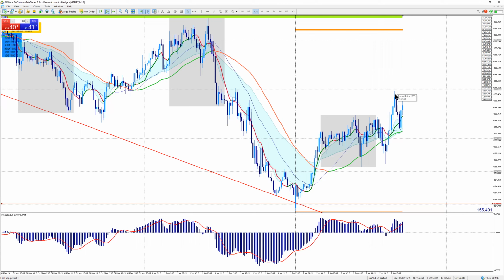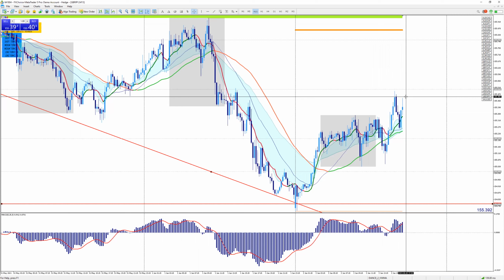I would then, if it kept on moving up from there. 155.450.